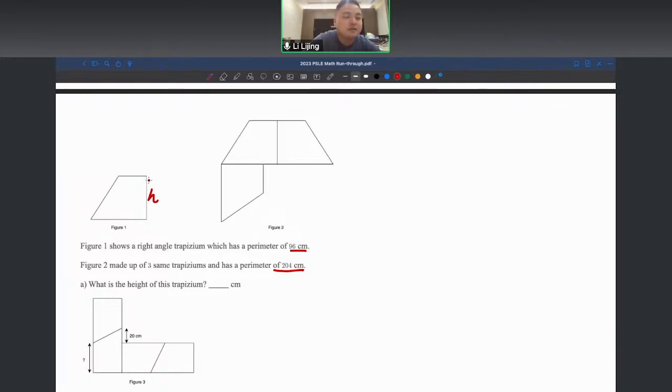Let me give them names. The shorter length here, I call it A. The longer length here, I call it B. Then this slant line here, I call it C. Then I mark out figure 2. I have A, C, C, then here is B. I have B here also, then I have C here, and I have A here.